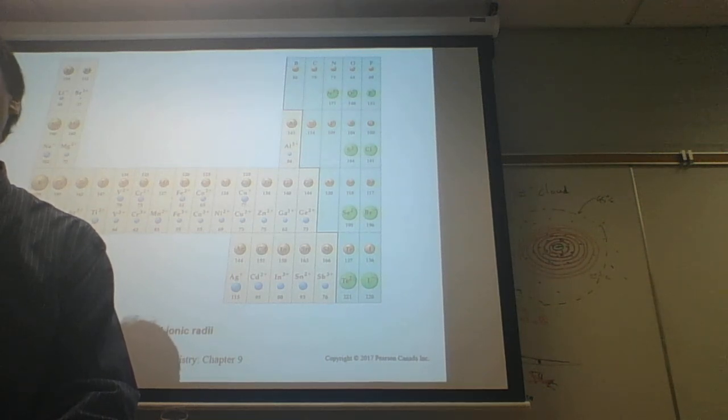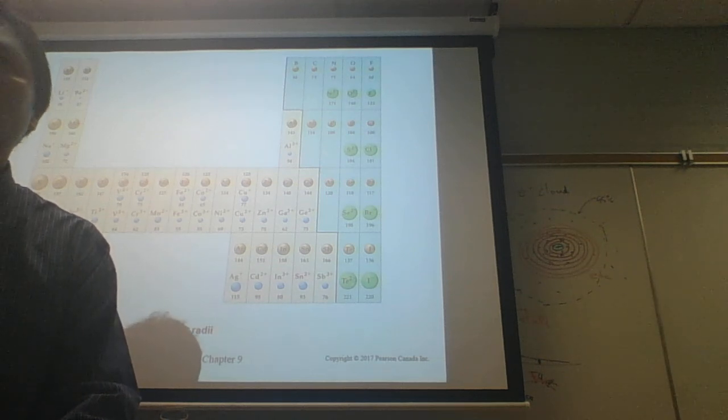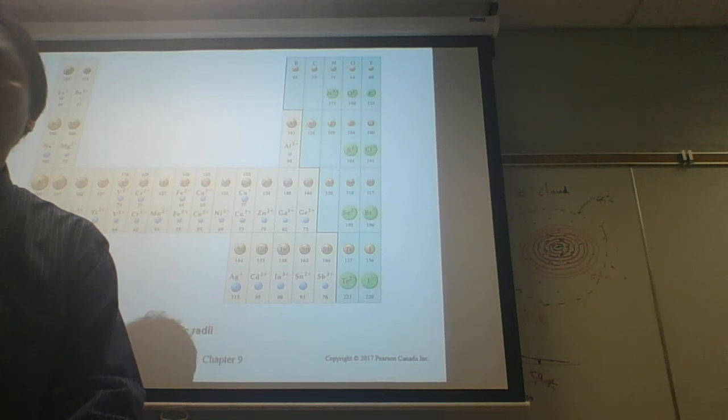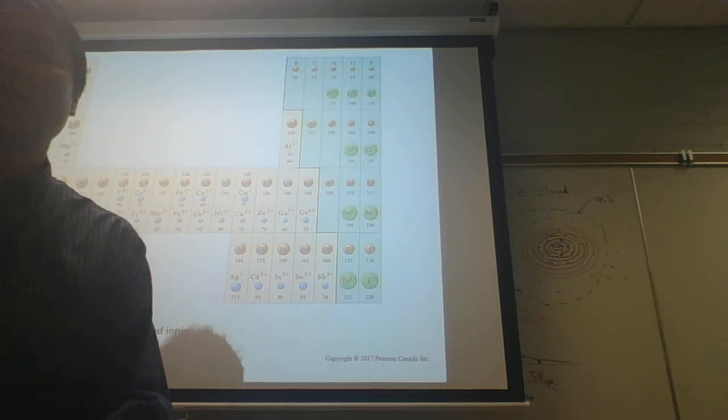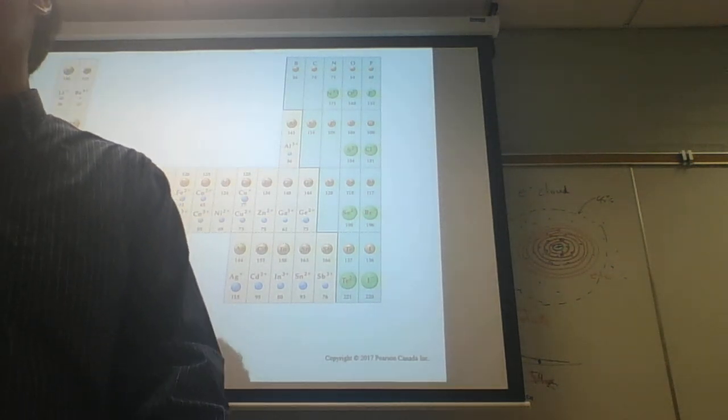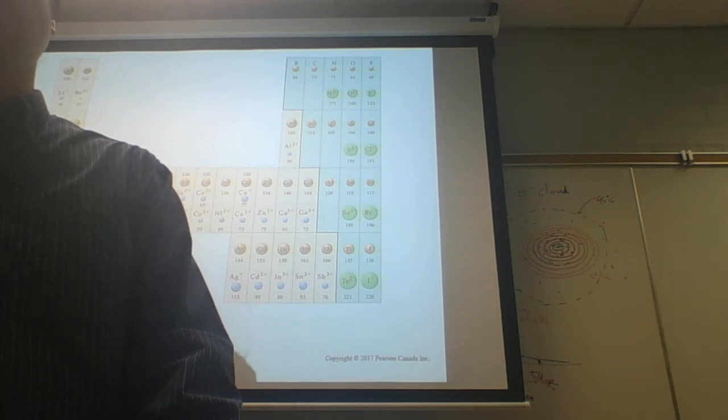Or wrong? Helium's smaller than hydrogen. Why? Because I add a proton and I'm adding a same shell electron. Same shell electron is not effective at shielding, so that additional proton is going to pull the electrons in even closer. Does that make sense? Z effective is going to be greater.